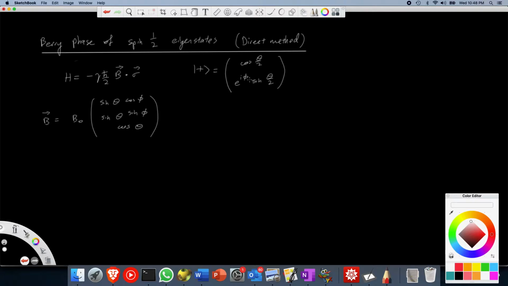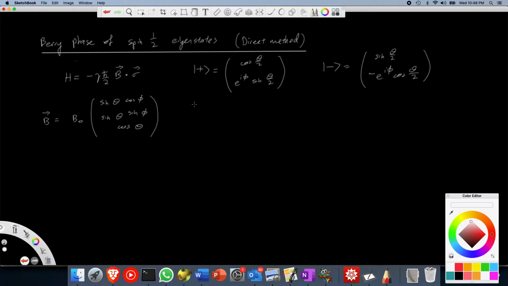Remember that the angles theta and phi came from the angles the magnetic field is pointing in. And that is the plus eigenstate, the spin-up eigenstate, and then there was a spin-down eigenstate, which was given by sine theta over 2 minus e to the i phi cosine theta over 2.